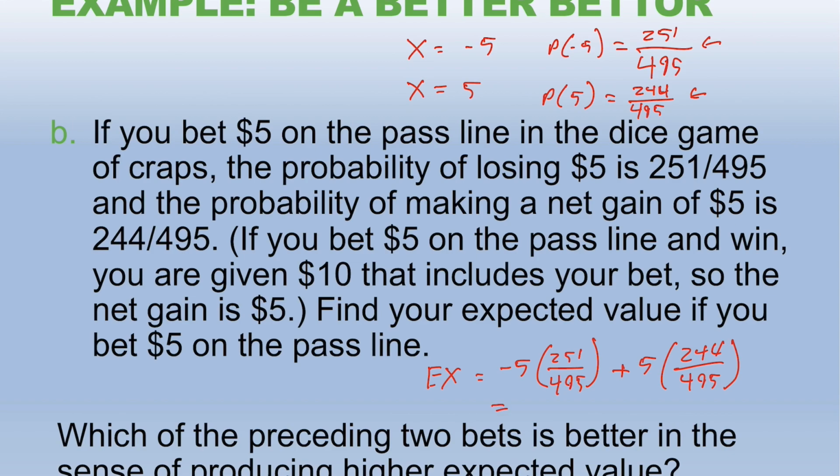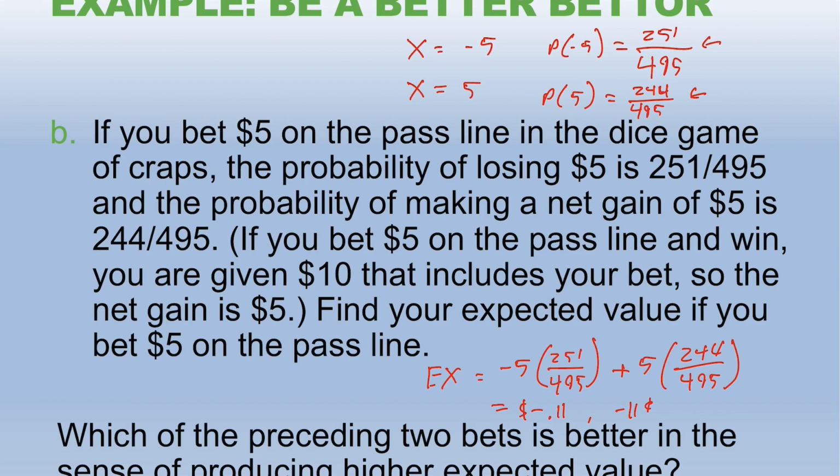And let's see what that equals. So -5 times 251 divided by 495 plus 5 times 244 divided by 495, and I end up getting -$0.11, or -11 cents.